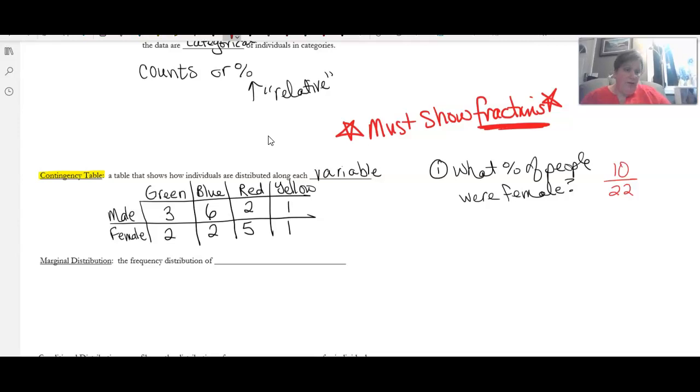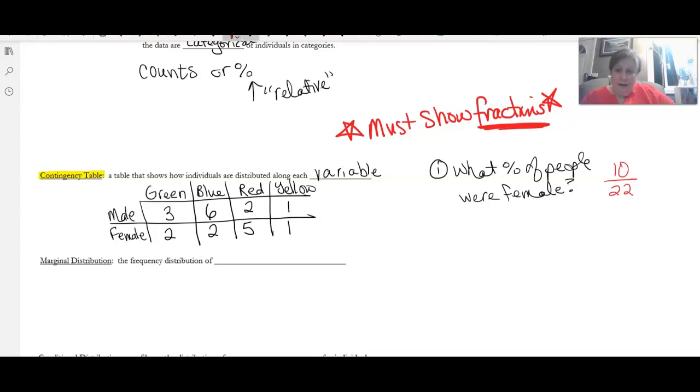You don't even have to reduce, but you must have this fraction. Again, if you do not have that, it would be wrong. And I can tell you right now, this is probably going to be the one part of stats that's going to aggravate the most of you, because there are going to be times that I'm going to tell you that you have to write down 5 plus 3 because it's showing your evidence that you know how you got that answer.